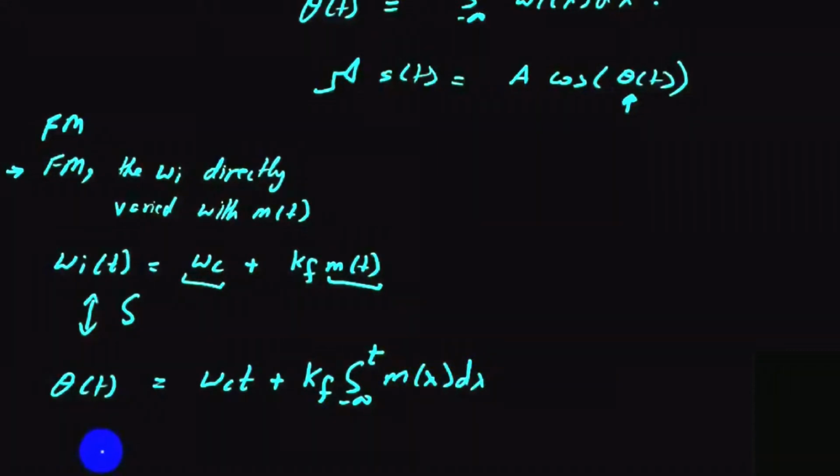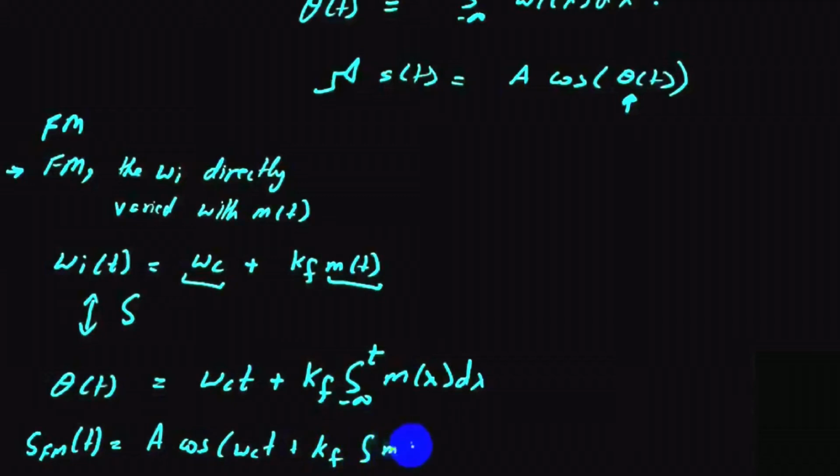So that would be the angle. And so if we are sending the frequency modulated signal, we would have cos of omega c t plus kf times the integral of m of lambda d lambda, right? So this is basically our FM.